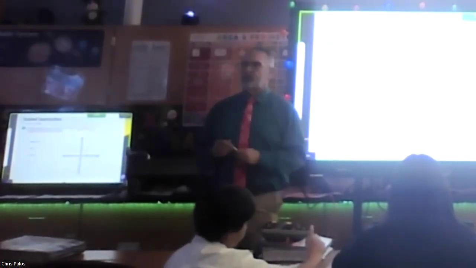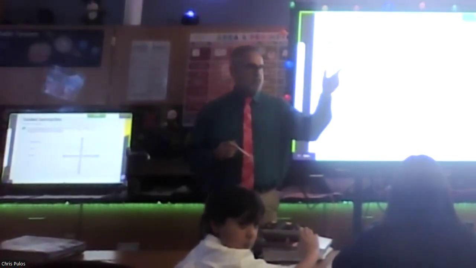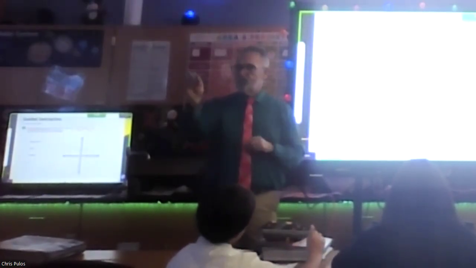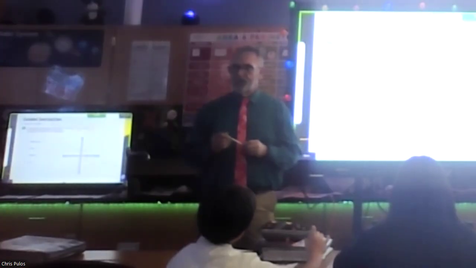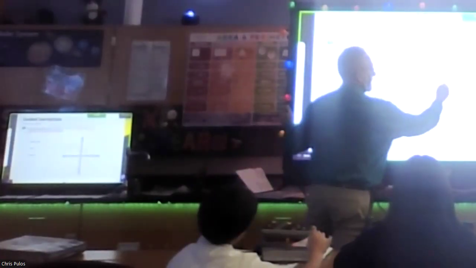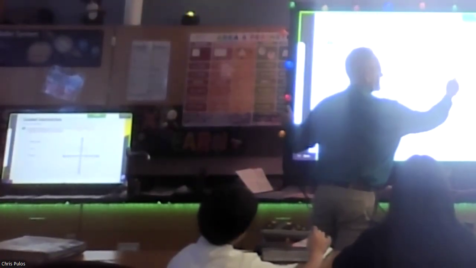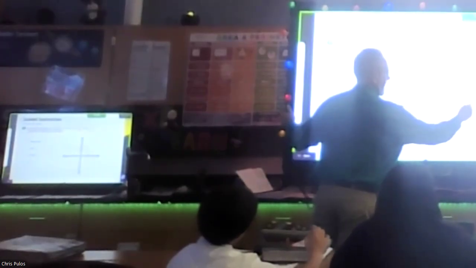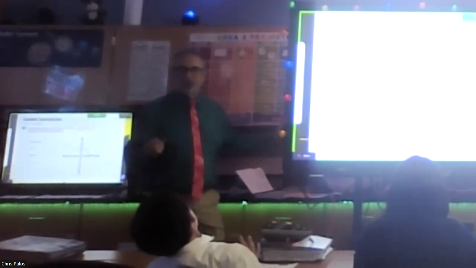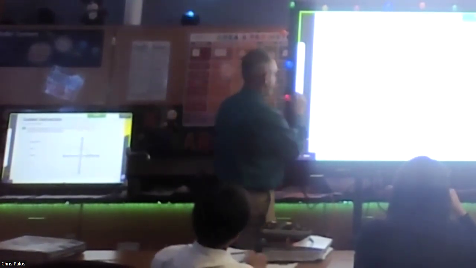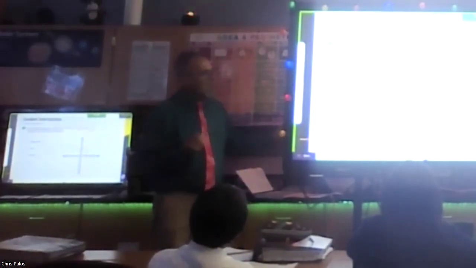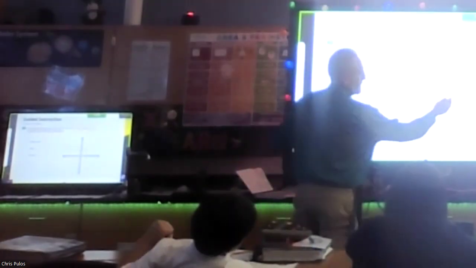What did we have to have? 90-degree corners, right? But what else? We had to have 4 sides, but what about those 4 sides? They have to be equal. So what we need to do is find out the length of this and the length of that should be the same. Once we know how long those are, we'll be able to find out where we need to put the vertex. So I have -3 and 3.